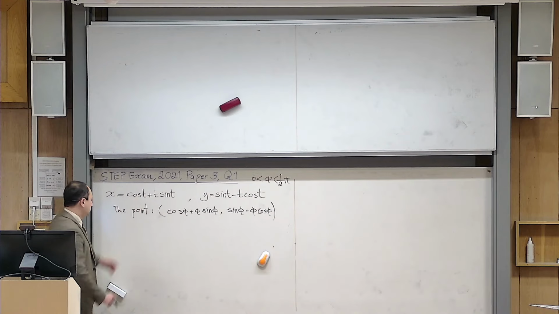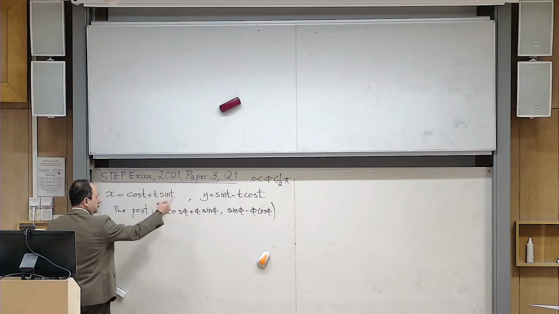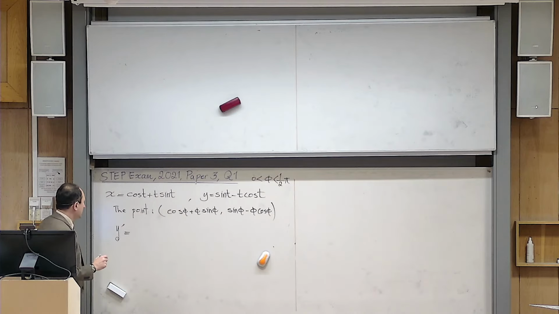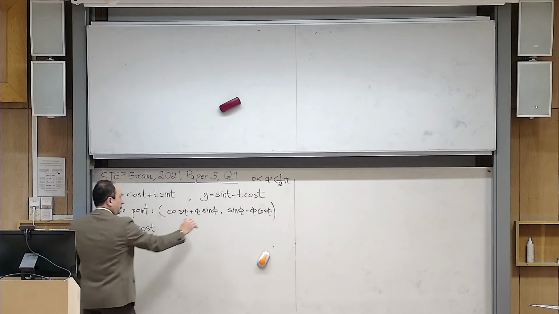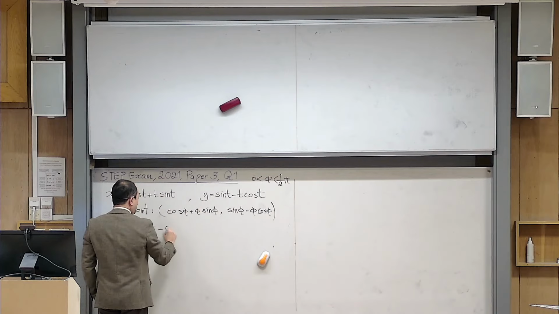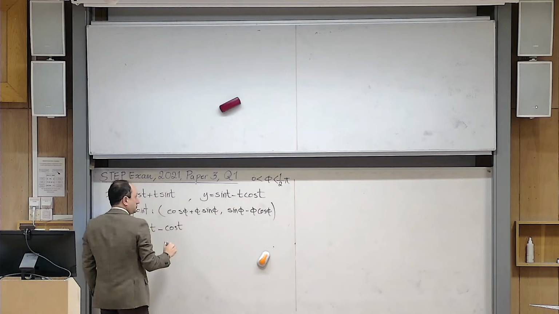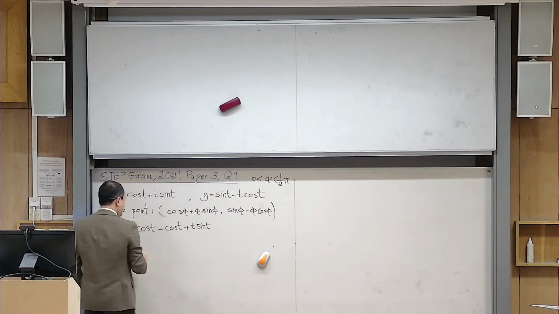Again, I find the derivative in a parametric form. So the derivative y prime is here, the derivative of y with respect to t divided by the derivative of x with respect to t, yes? So the derivative of y with respect to t is cosine t. Here I apply the product rule, so this becomes the derivative of the first one multiplied by cosine, minus this multiplied by the derivative of that one, which becomes positive t sine t. Yes?